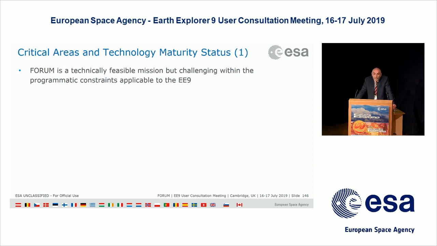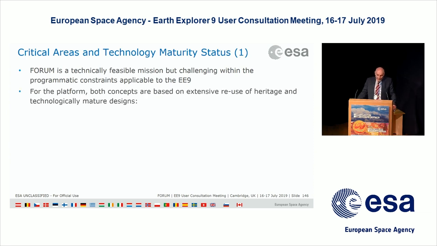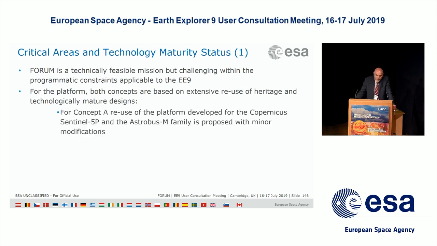For the satellite platform, both concepts are based on extensive reuse of heritage and technologically mature design. For concept A, reuse of the platform developed for the Copernicus Sentinel-5P and the Astrobus M family has been proposed with minor modification.